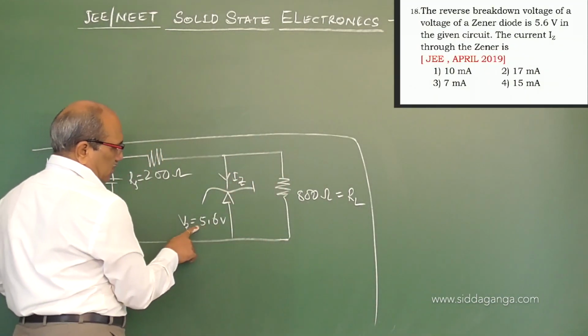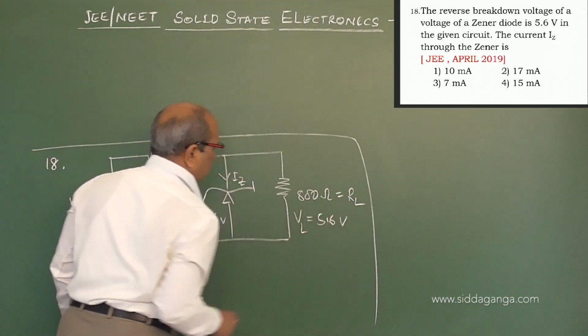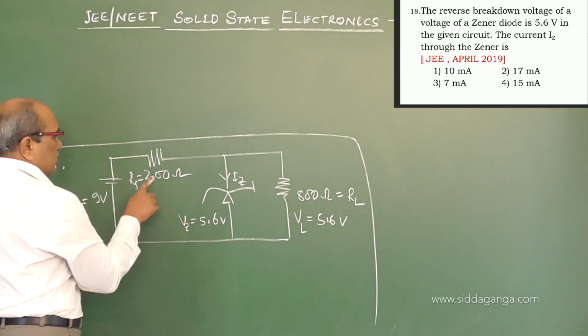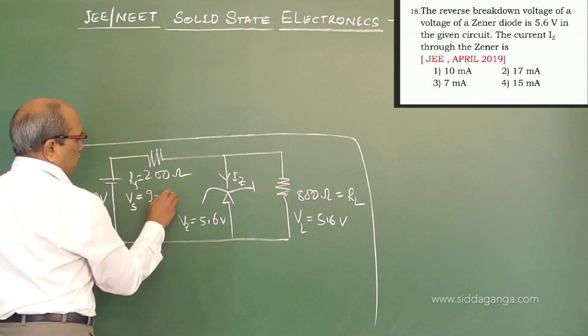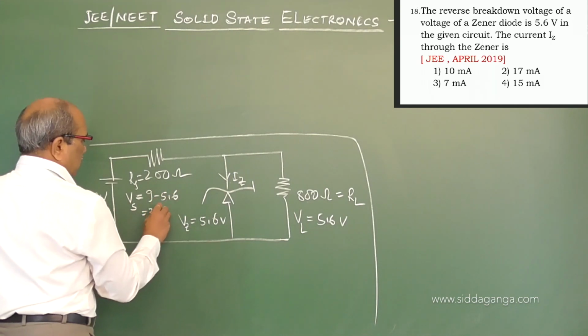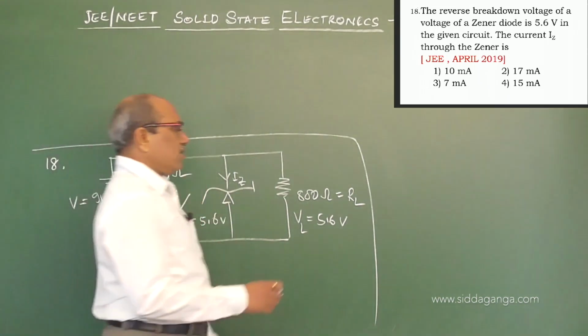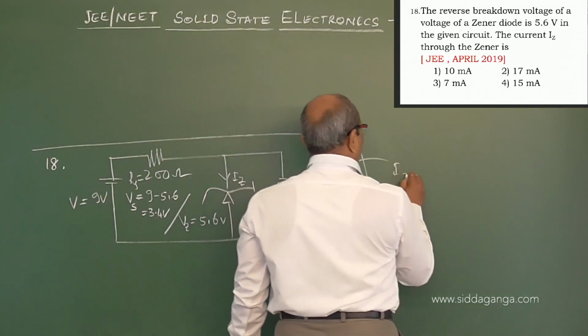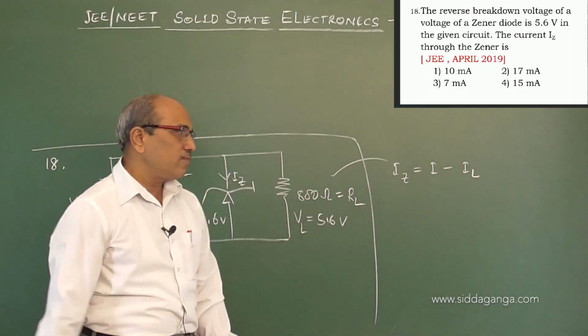If it is 5.6, you remember the voltage across that is also 5.6 volt. Then what is the voltage across this? It is 9 minus 5.6, that is 3.4 volt, right? Now, as I already took in the previous problem, Zener current equals main current minus the load current.